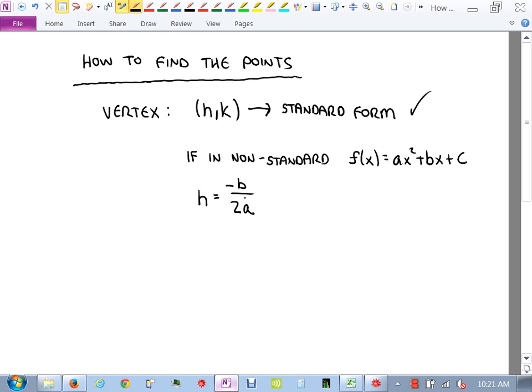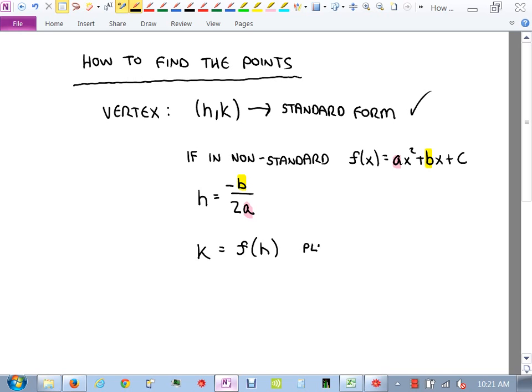And that's it. What b am I talking about here? This b right here. What a am I talking about? Whatever that number is in front of x squared. So to find h, all you have to do is look at your non-standard form, get your b, make it negative, divide it by 2 times a, and that will be the h. To get the k, you take that answer that you just got and plug it into your function.